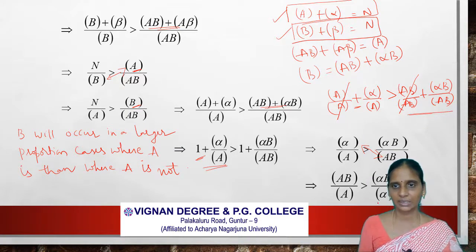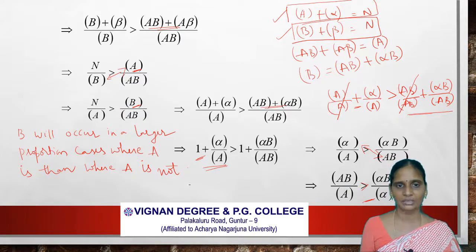We get the expression frequency of AB by frequency of A that is greater than frequency of alpha B by frequency of alpha. B will occur in a larger proportion of the cases where A is than where A is not. So hence the theorem is proved.